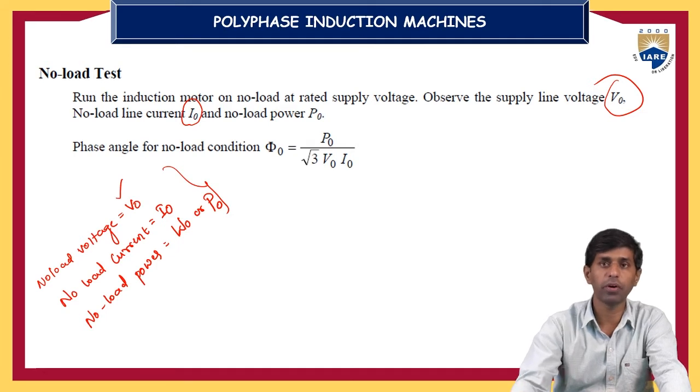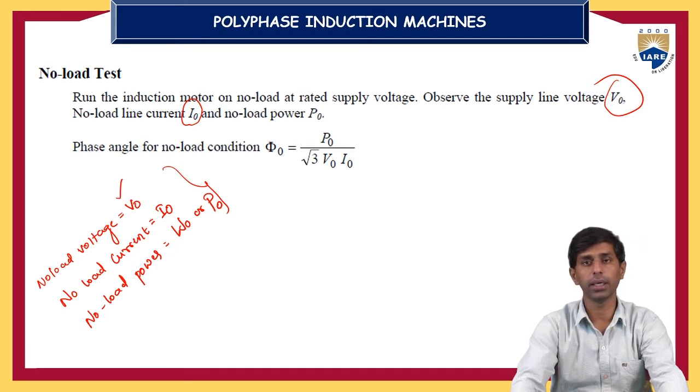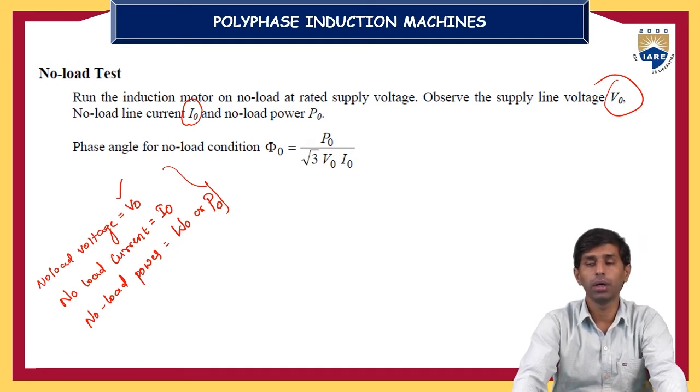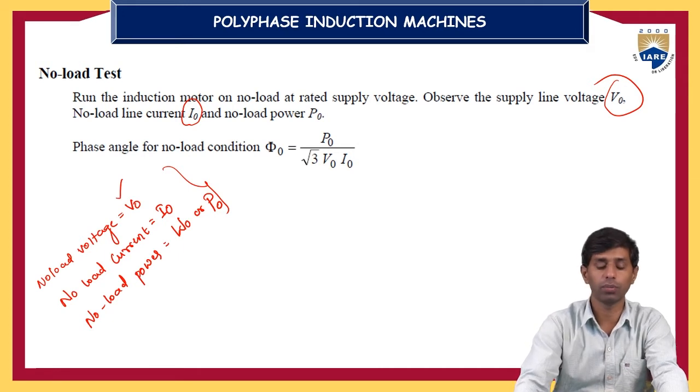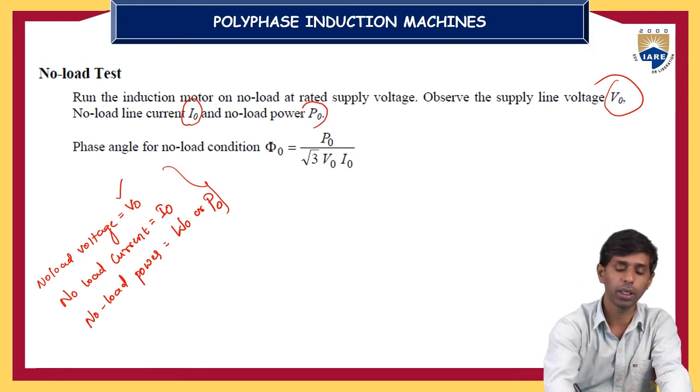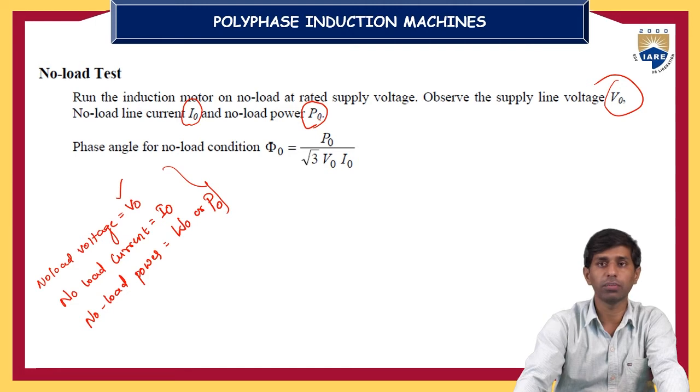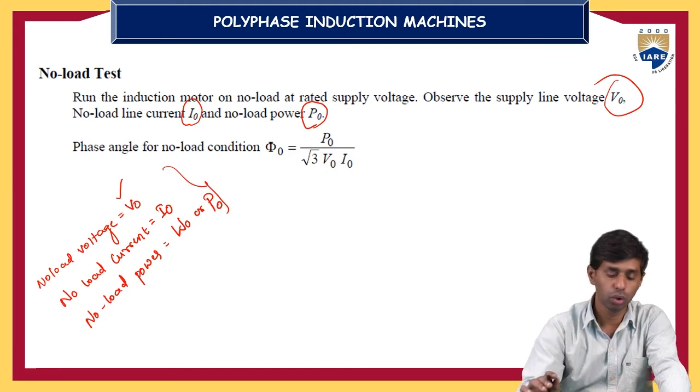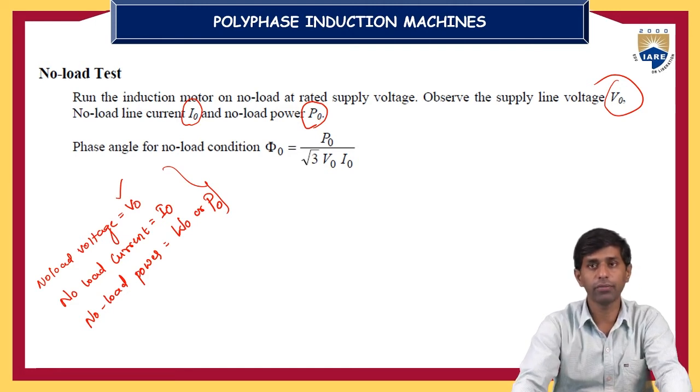The power consumed in the induction motor under no load to meet the constant losses is the no load power input, P0. So these are the three values we get from the no load test.